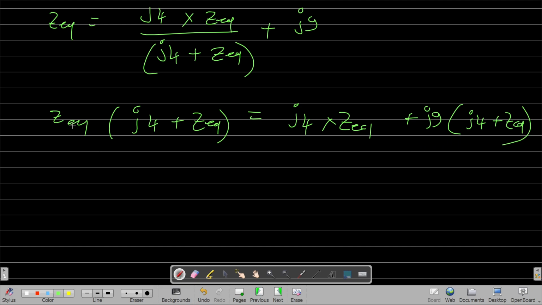Now let's multiply Z equivalent into the bracket and J9 into the bracket.